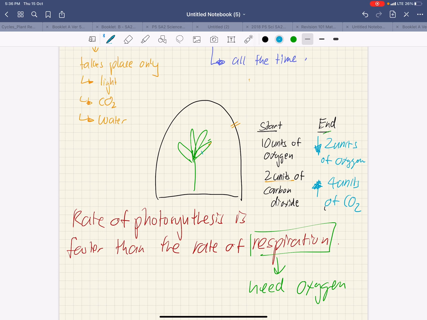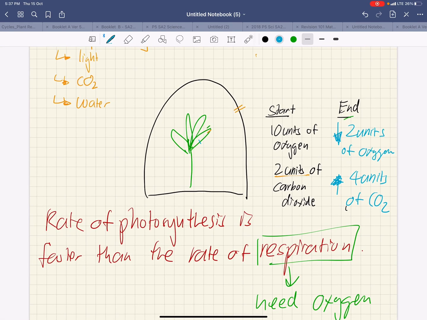In the earlier experiment, where the sun was present, there was an increase in carbon dioxide and an increase in oxygen, quite significantly. That's because photosynthesis has occurred. So the more oxygen there is, obviously the faster the rate of photosynthesis.